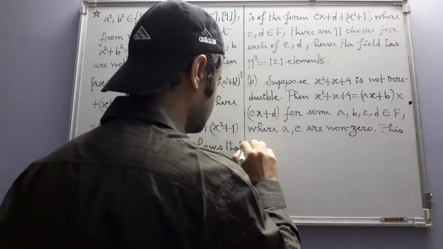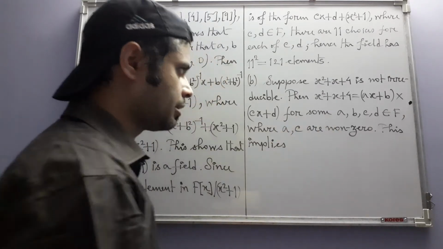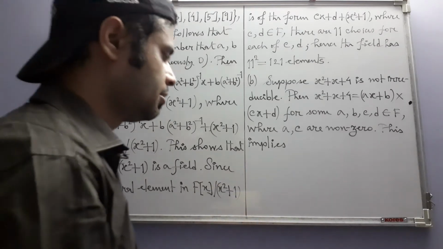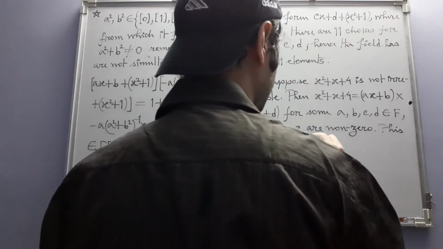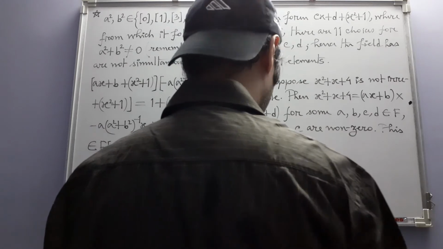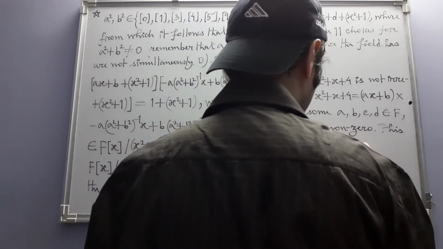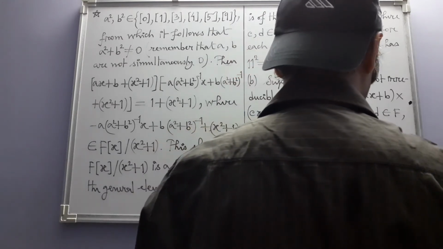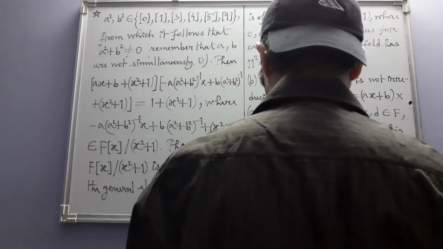This implies that we then perform the multiplication on the right hand side of this equation and equate like coefficients. Doing that, we get these equations: AC equal to 1, AD plus BC equal to 1, and BD is equal to 4.